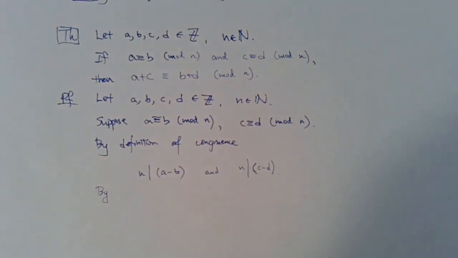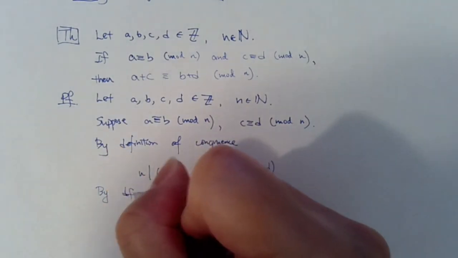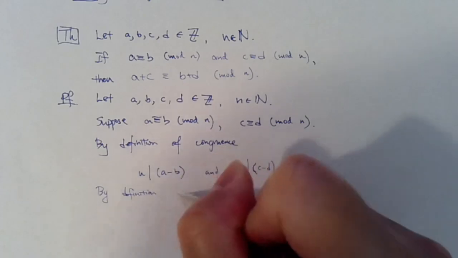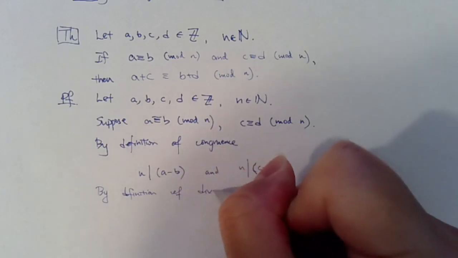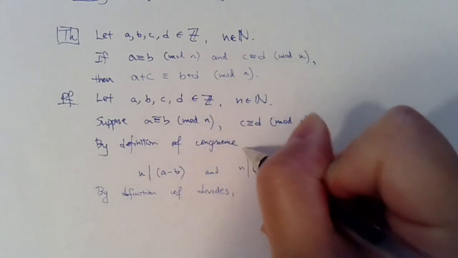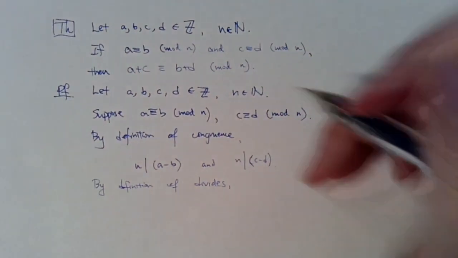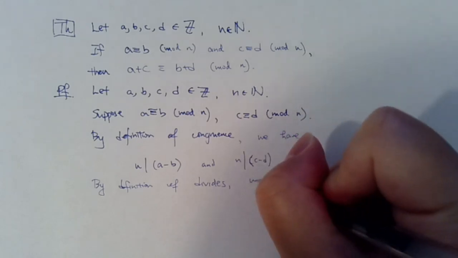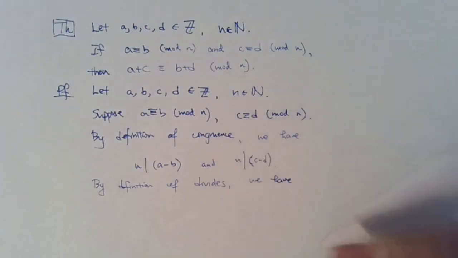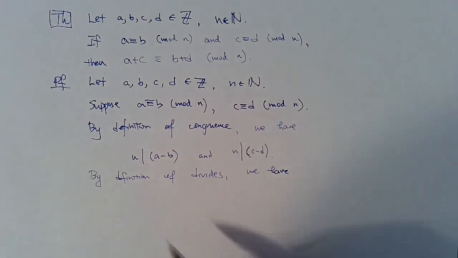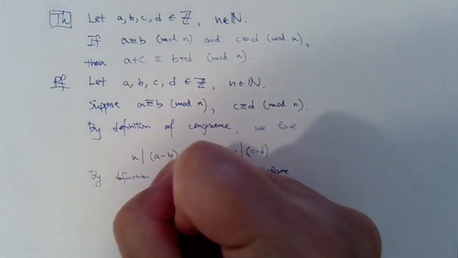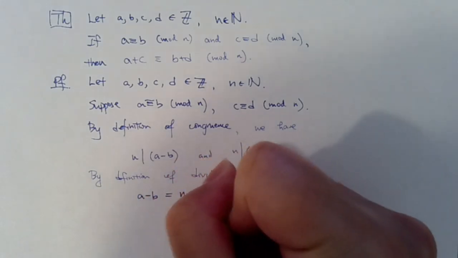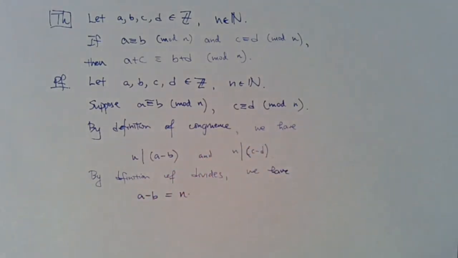By definition of divides, we can write this out. If n divides a minus b, then that means a minus b is equal to n times something that's an integer.